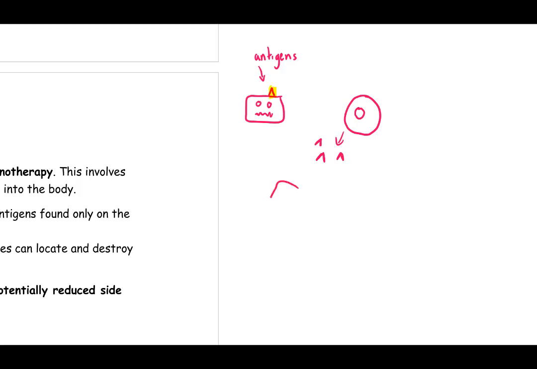So there's our microbe, there's the antigen, and the antibody matches onto that. And we said that they had a complementary shape. Now that immobilizes the microbe and means that it's easy for a phagocyte to come along and engulf the microbe and destroy it. So the microbe will die.